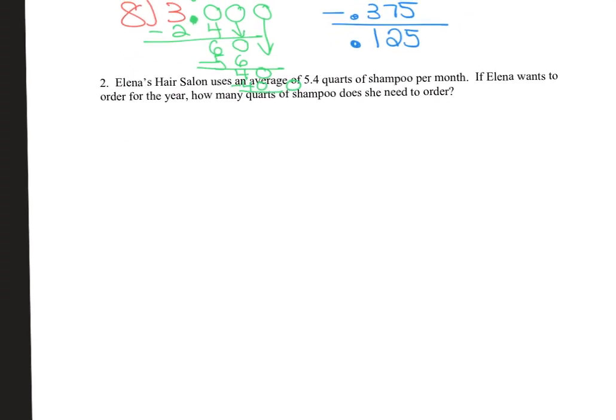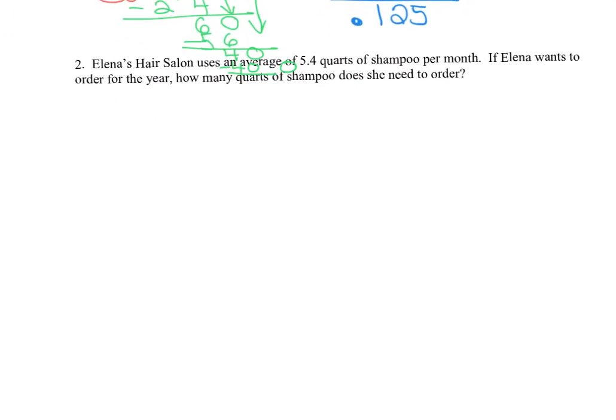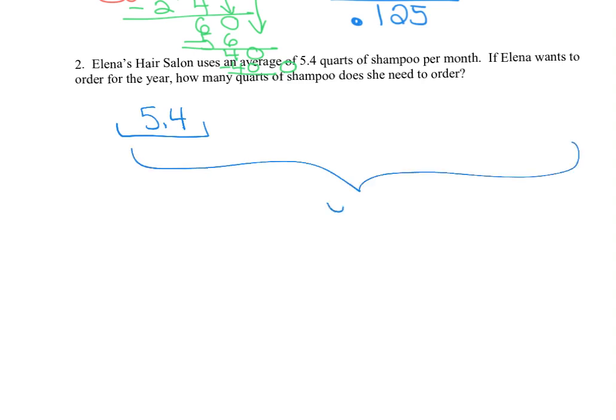All right, Elena's hair salon uses an average of 5.4 quarts of shampoo per month. If Elena wants to order for the year, how many quarts of shampoo does she need to order? So this is 1 month, 5.4, and she wants to order for a year. Well, how many months are in a year? That's going to be 12.